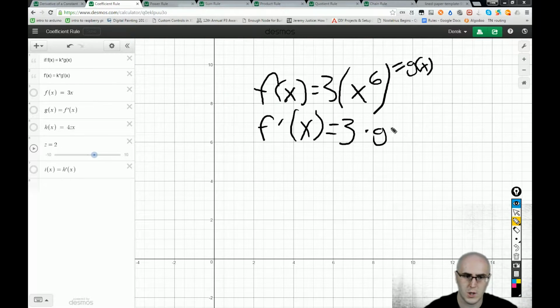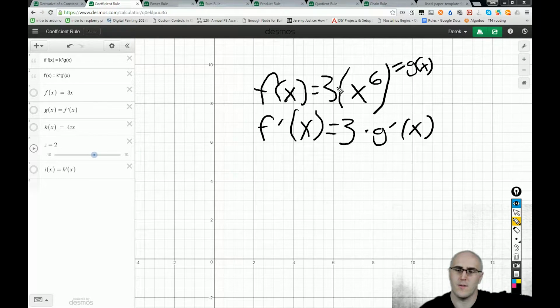We'll cover what that actual derivative is later on, but for now I just want you to get that you can kind of phase out constants and just leave them out of the calculation of the derivative.